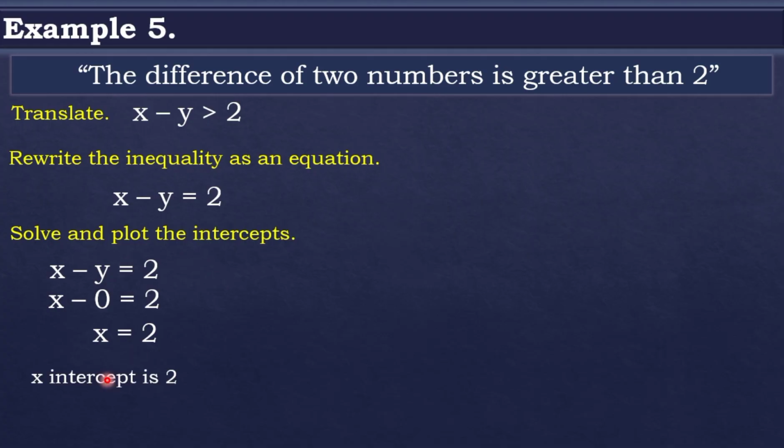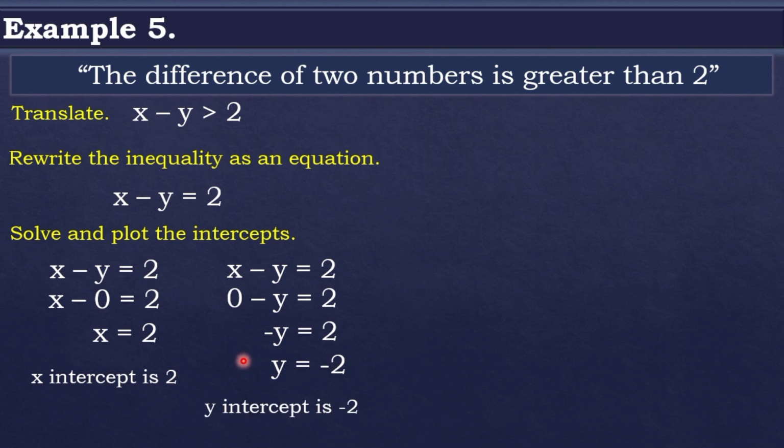So your x-intercept is 2. As for the y-intercept, we will make x equal to 0. So you will have negative y is equal to 2. Since we can't leave it negative, y is equal to negative 2. You put it there. Okay?